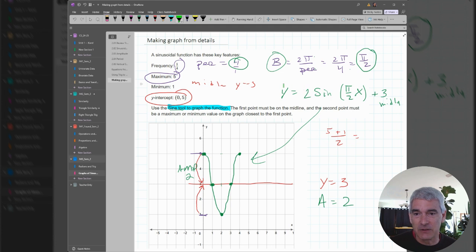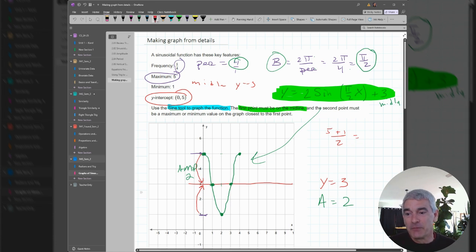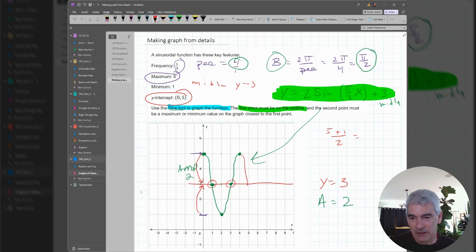What it's asking us to do is use the sine tool. So the sine tool says here, you must first be on the midline, the first point, and then you pick a second point that is at a maximum or a minimum. So you could choose either of these points, or you could choose another point, like it's going to cross again here. Any of these points would be okay.